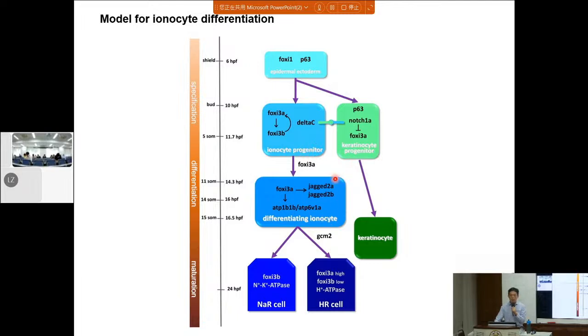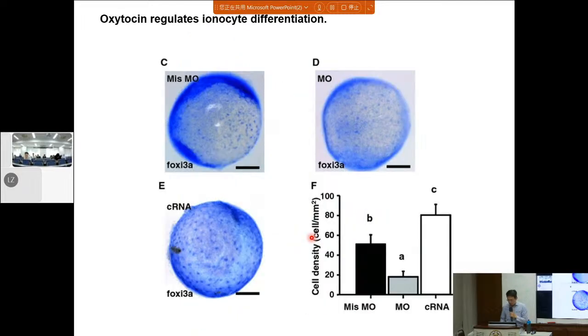Then under terminal differentiation, the ionocyte can become the sodium pump-rich cell and the proton pump-rich cell. During this process, one gene, FOXI3A, is very important. It's a kind of master regulator that promotes the terminal differentiation of these two types of ionocyte.